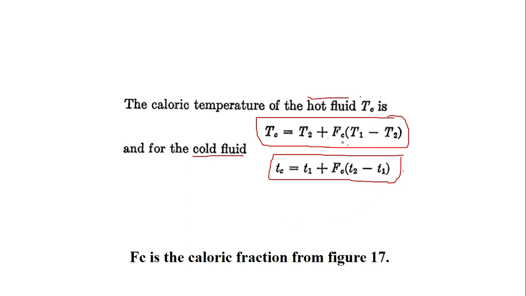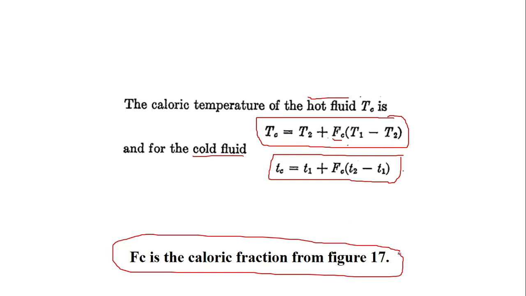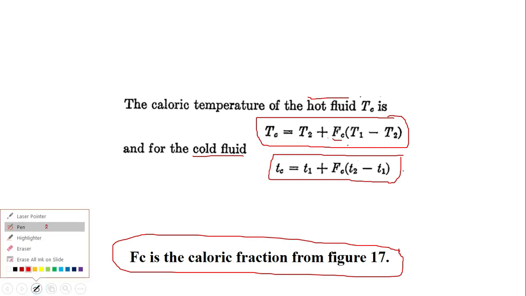There is another parameter known as Fc, the caloric fraction, which is given in figure number 17. In the upcoming slide, I will show you a small example related to the determination of the caloric temperature.